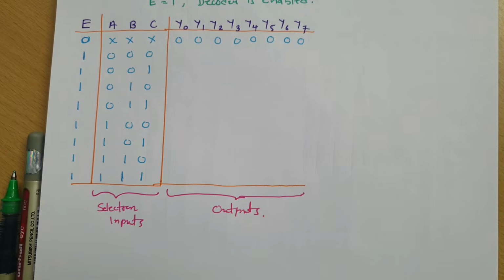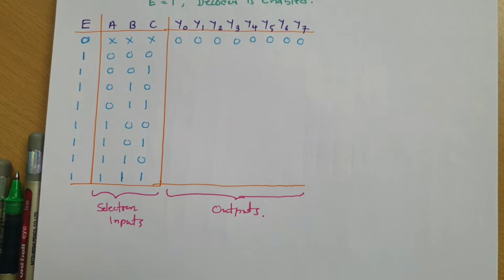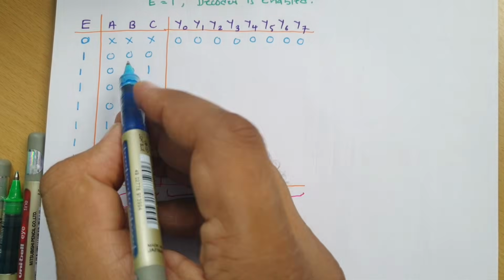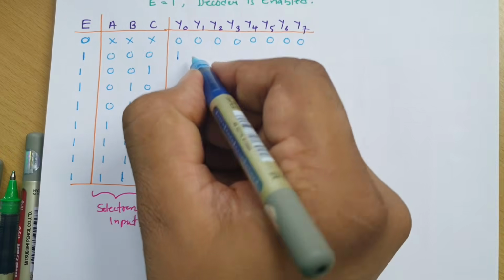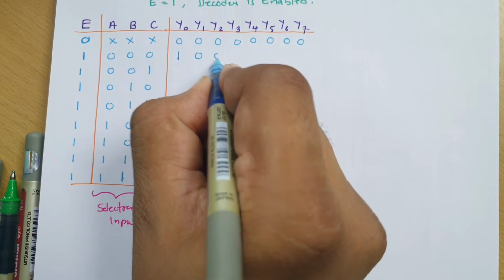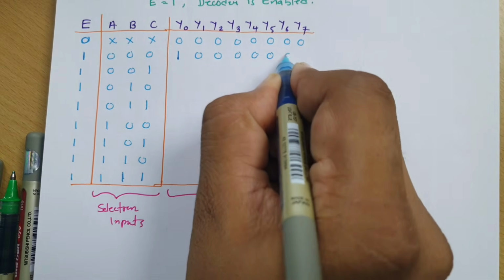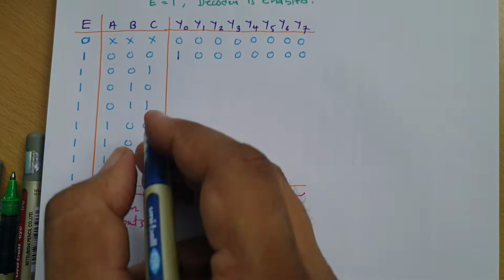Now let us try to understand how the decoding operation is happening. If ABC is 0, 0, 0, then Y0 will be 1 and the other outputs will stay 0. So here we can say Y0 decoding is happening.